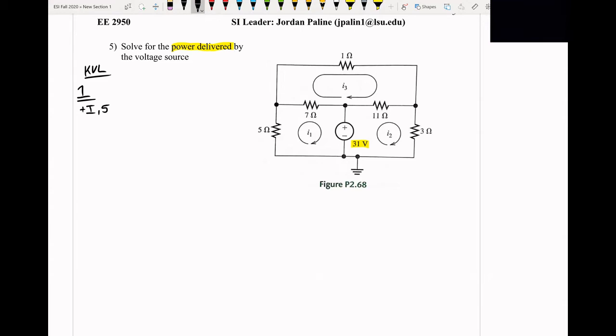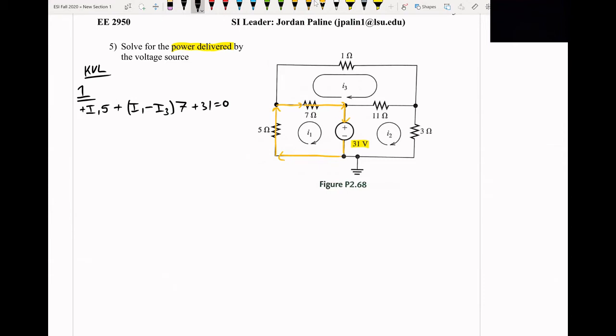Then when we pass through the 7 ohm resistor, the I1 current is entering the positive terminal, but the I3 current is fighting against us, so we'll subtract I3 off and multiply it by 7. Then we'll come down through here. We'll pass through the positive 31 of the voltage source, so plus 31, and that'll be equal to 0.